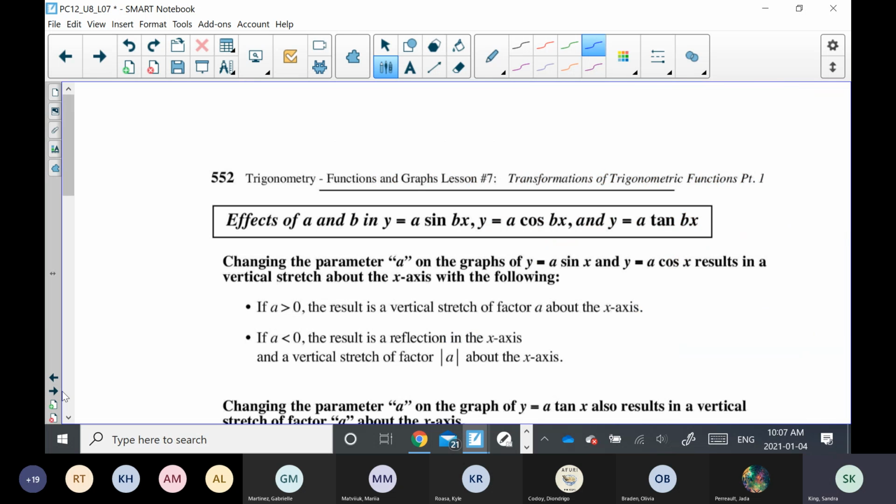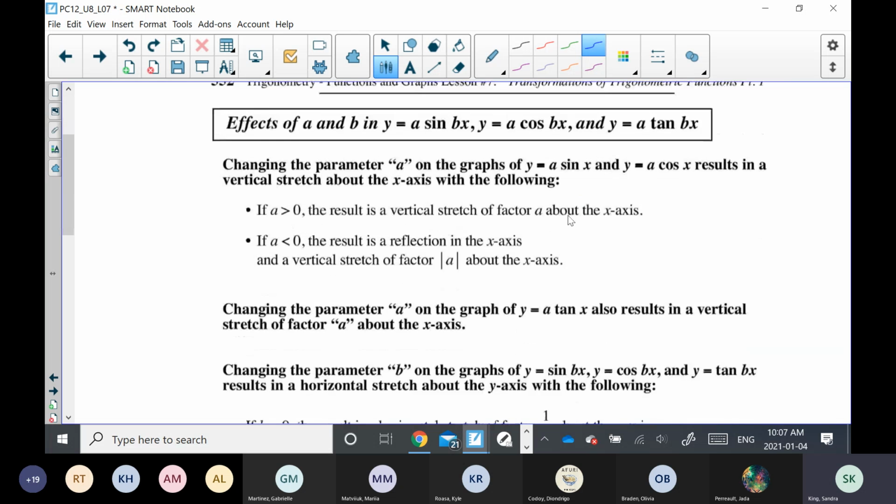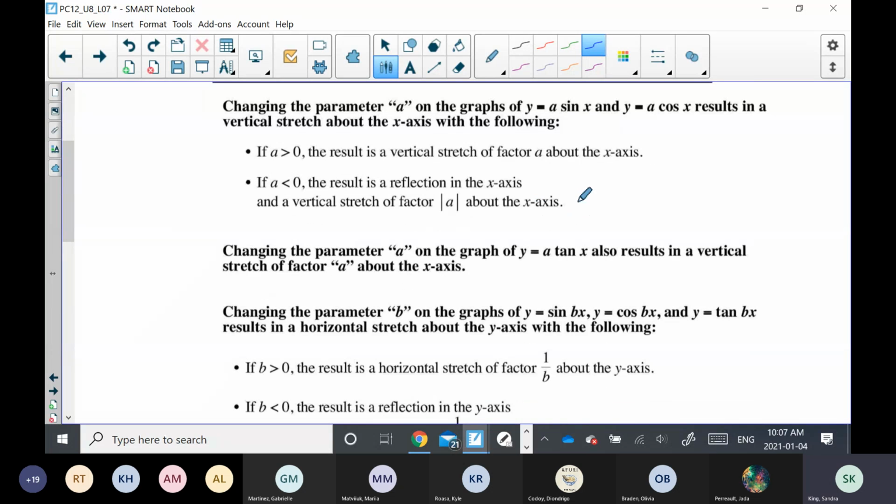Flip your page to page 552. Let's write over here, y equals a sine b of x. Let's write vertical stretch and horizontal stretch.